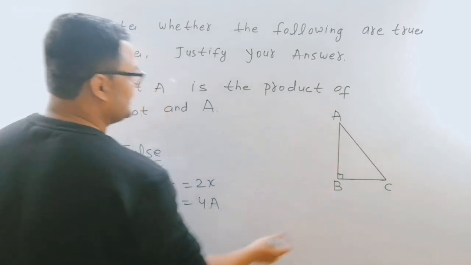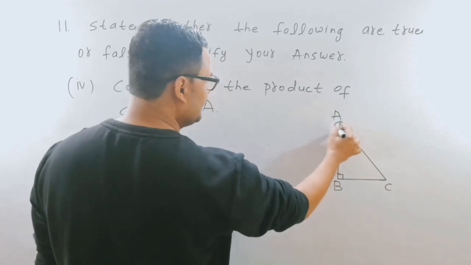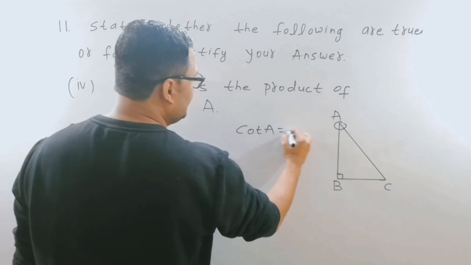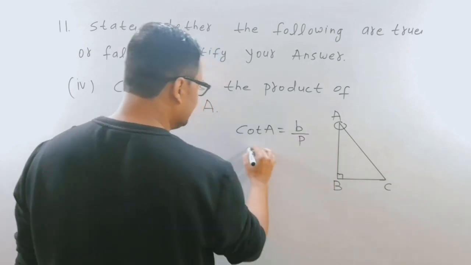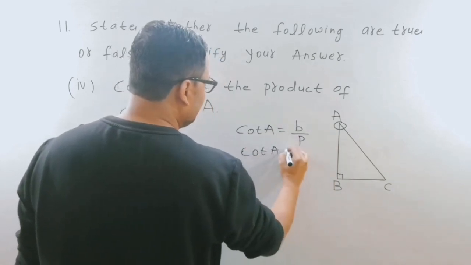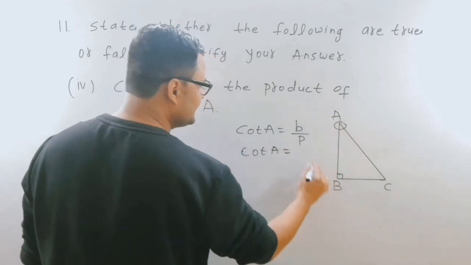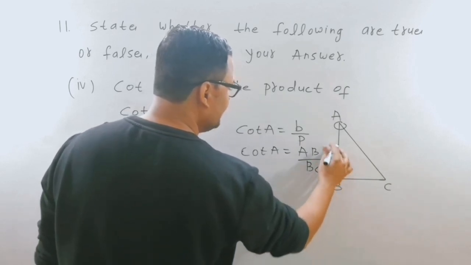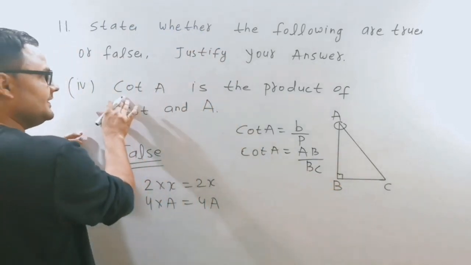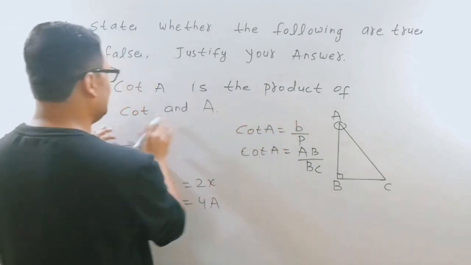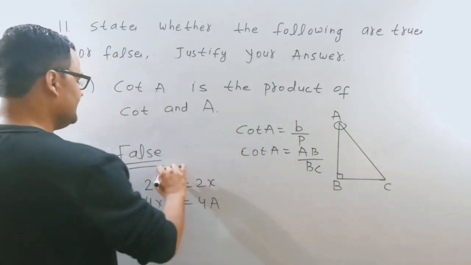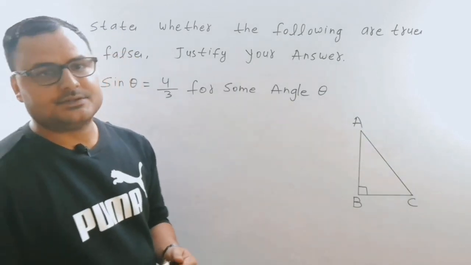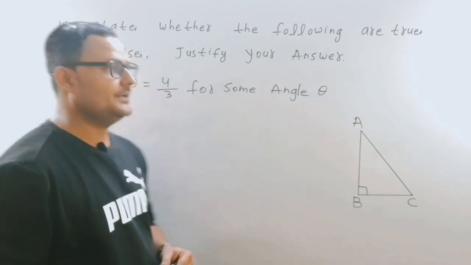If we have a triangle ABC and I say cot A, then cot A equals B by P. For this angle A, the base will be AB and the perpendicular will be BC. Whatever values we have, we are going to put them in. So if anyone is saying cot A is the product of cot and A, no, that is totally wrong. That is false.